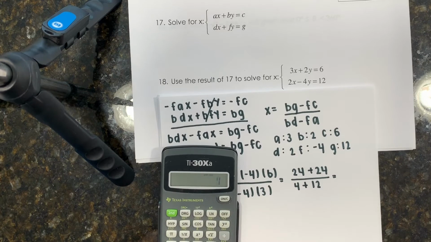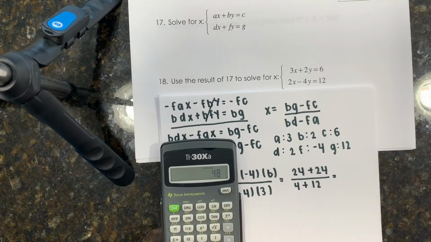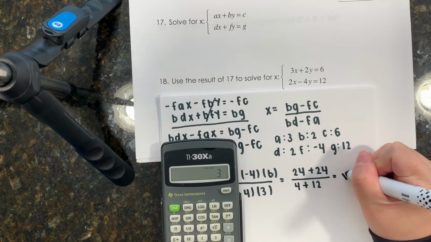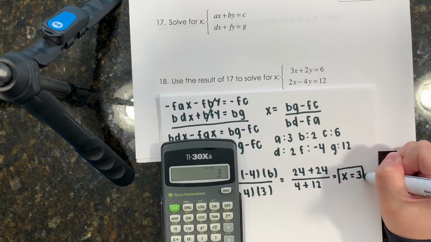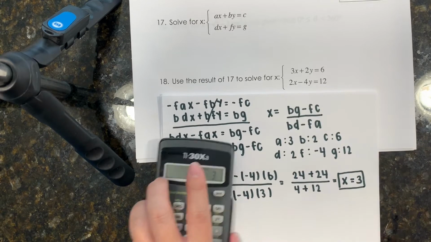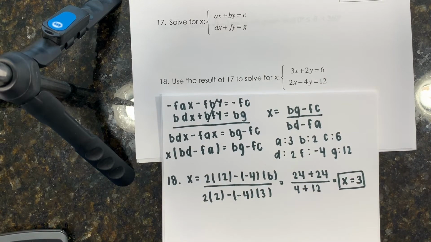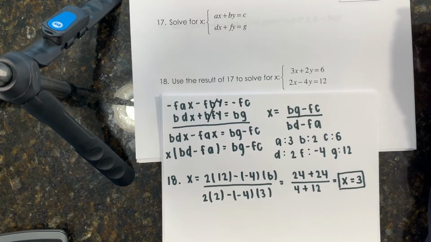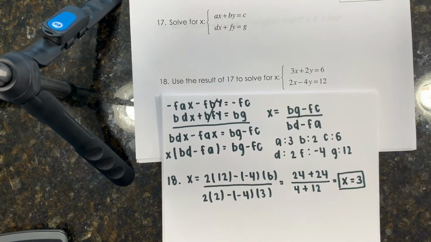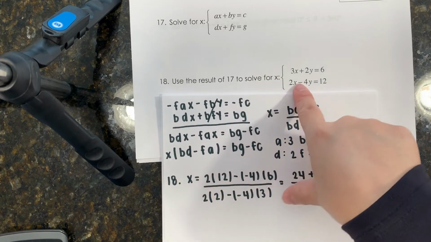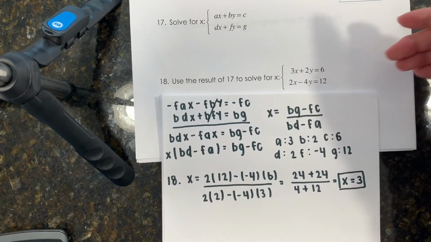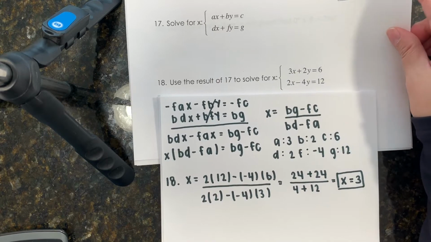So that would give me 48 divided by 16, and that means that x is equal to 3. And then obviously for this problem, you would want to make sure that you're following it exactly as it's given to you. So you want to make sure you are using your result from 17 to solve for 18. So if you're not doing that, then obviously on a test, you would not get credit for that.